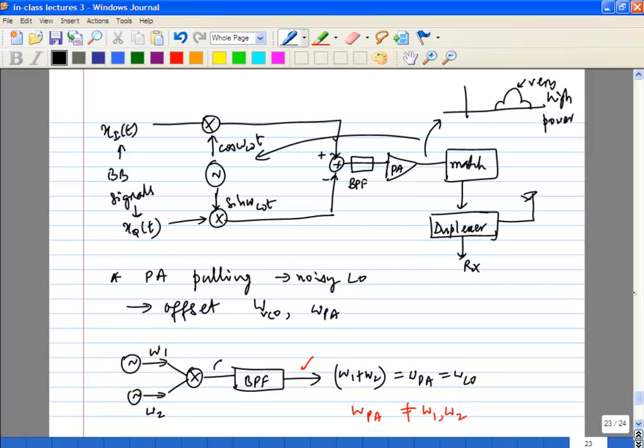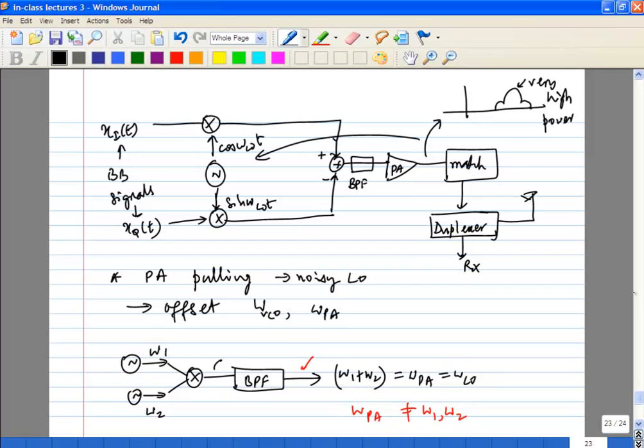Any one of these, if you look at the power coming out of the VCO, the VCO is going to be burning a few milliamps, 2-3 milliamps. So the actual raw power being put into the LO signal is very little, probably a few milliwatts. What is coming out of the PA is a few watts. So if the parasitic path is strong enough, you could corrupt the VCO signal. That is the idea.